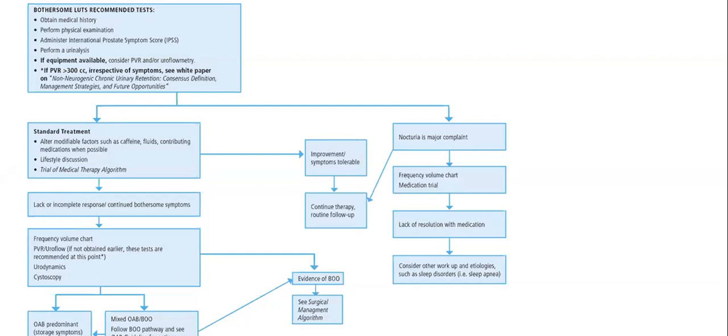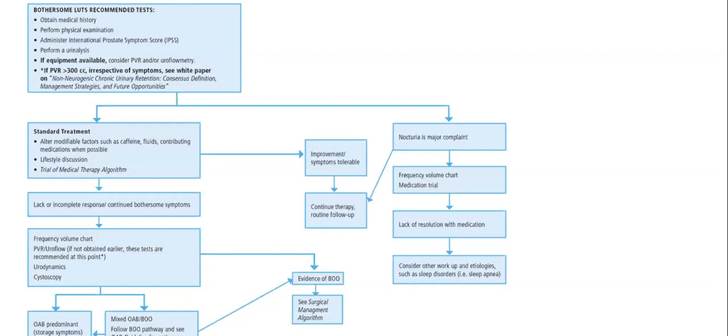Laboratory tests are not always needed, but urinalysis is helpful. Serum creatinine is not needed unless there's evidence to suggest renal impairment. PSA testing is also not needed, but it can be used as a proxy for prostate volume when considering the use of 5-alpha reductase inhibitors. And also so that we have a baseline prior to the initiation of 5-alpha reductase inhibitors, as they can lower the PSA levels. Of course, our symptom questionnaire, the IPSS, is important, and post-void residuals are done very often.